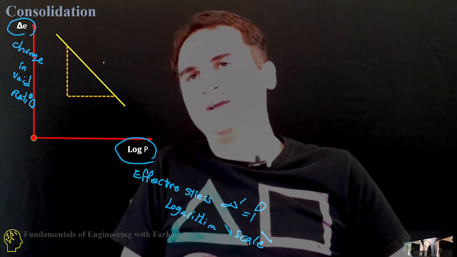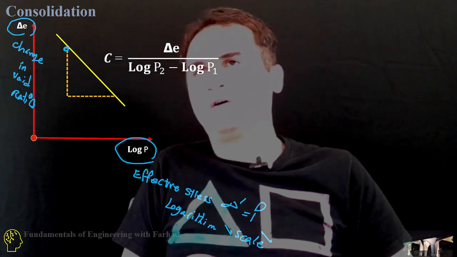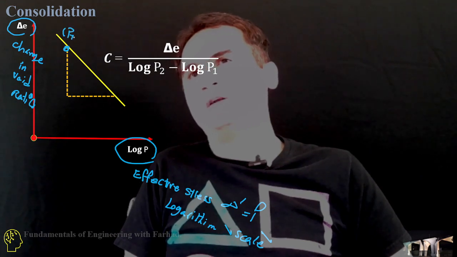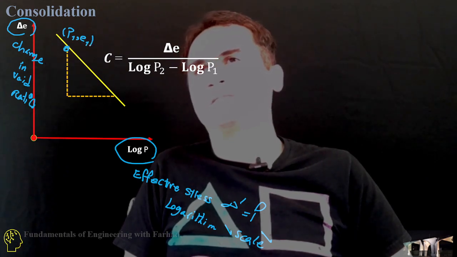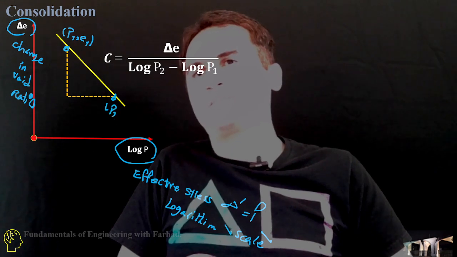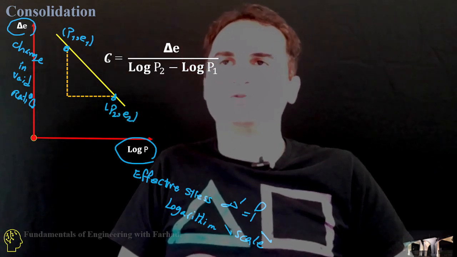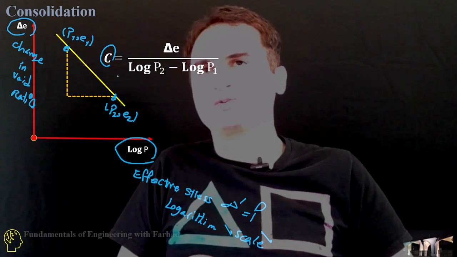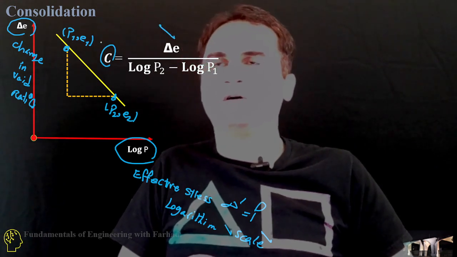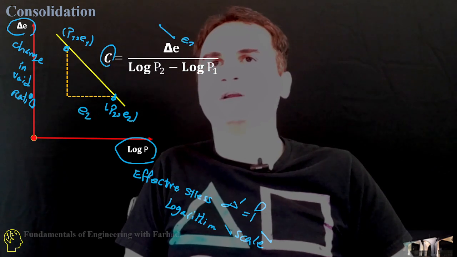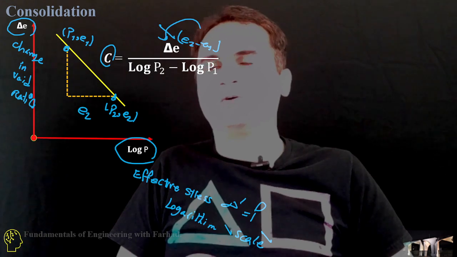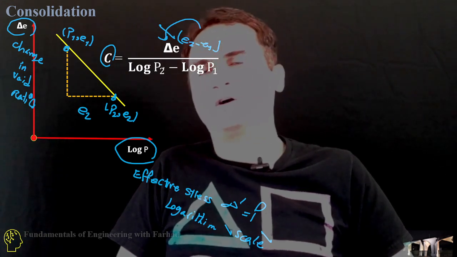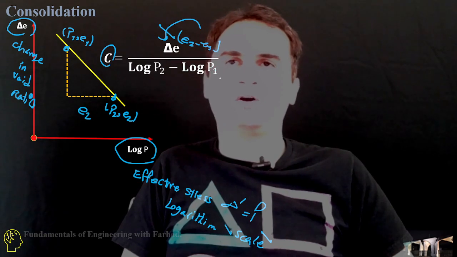So if we look at the slope of this line, if we call this point 1, with P1 and E1 for example, and this point 2, with P2 and E2, the slope of this line, which is C, is rise over run. So the change in e, that's E2 minus E1, call it delta E, over the logarithmic scale: log of P2 minus log of P1.